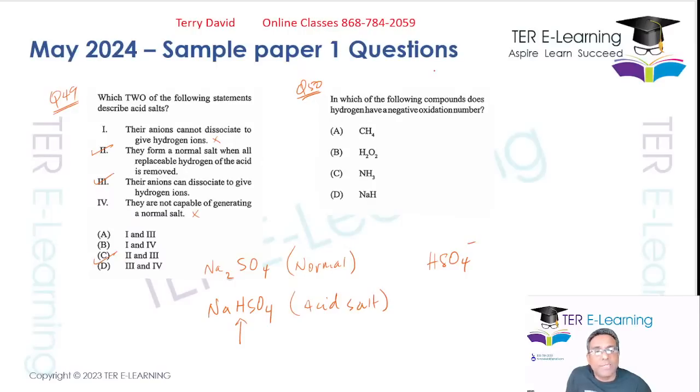Let's see if that makes sense. You need to know your rules for oxidation numbers. Hydrogen has a negative oxidation number in something called a hydride. There's a type of compound called a hydride. In this case, NaH is a hydride. So it's going to be D as my answer. The answer is D. So that's question 50.